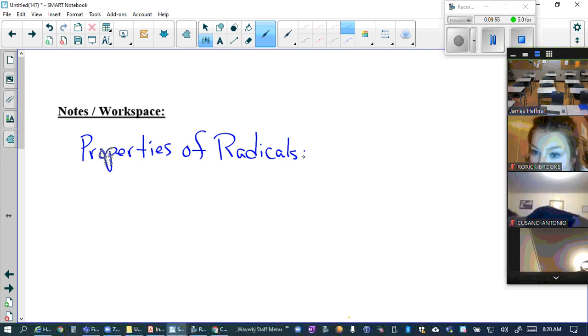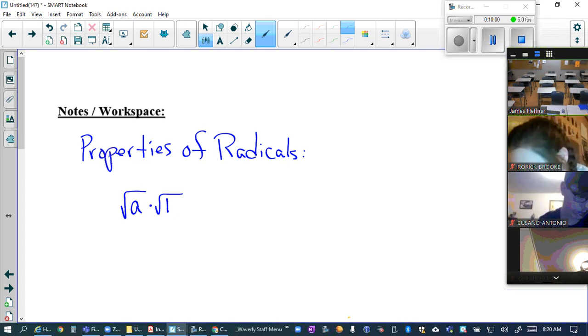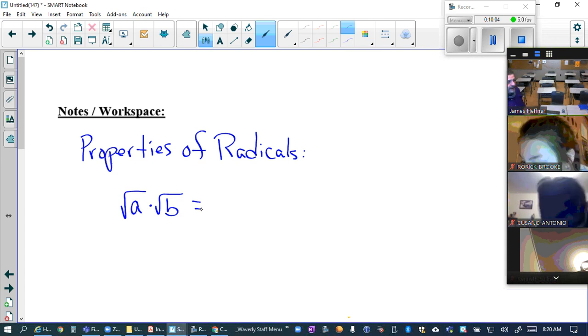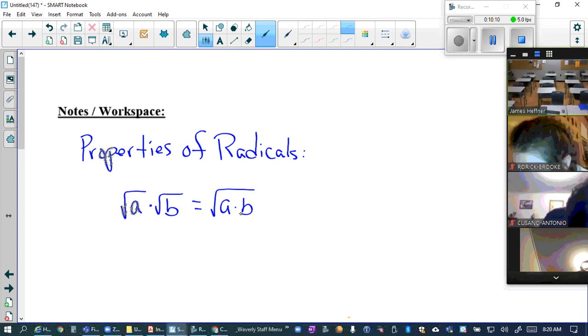So let's say I have the square root of some number a times the square root of some number b. If I'm multiplying two square roots like that, I can then combine them under one radical: square root of A times B. This should be kind of familiar to you, right? And by the way, equal signs work both ways, don't they?